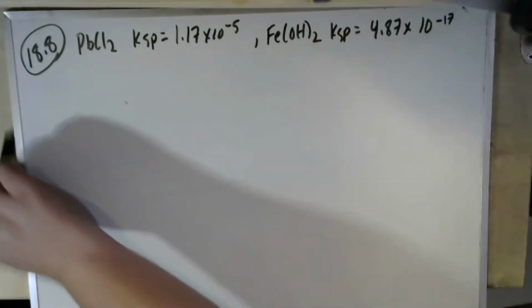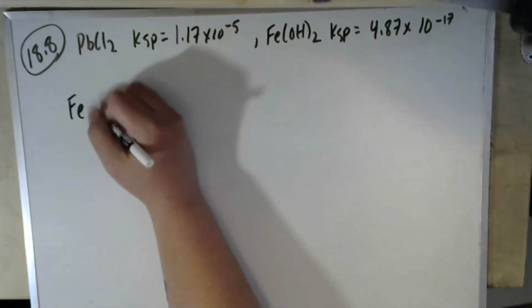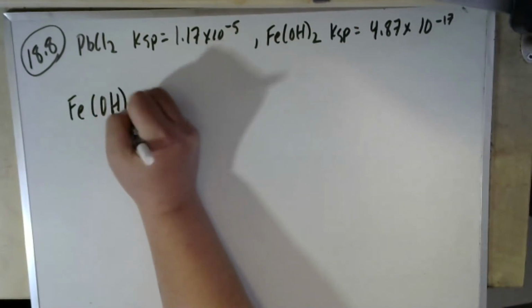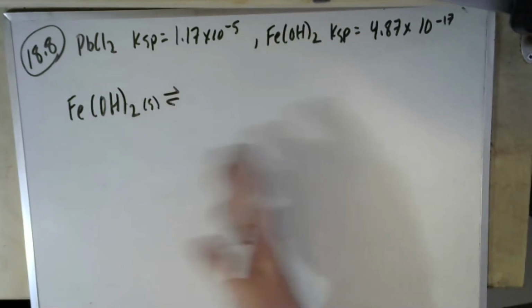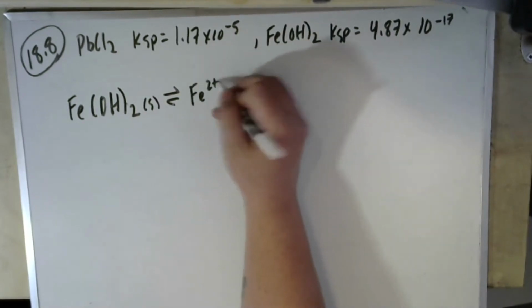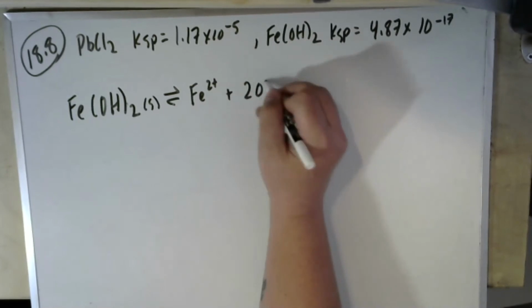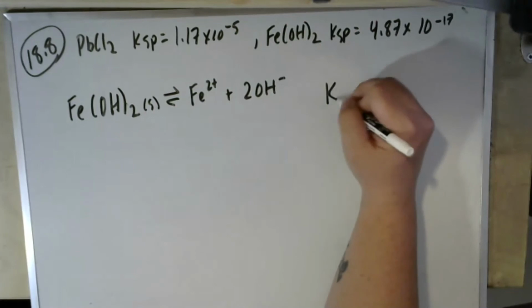And we'll do the same process. We're going to start by looking at the solid, and we're going to see how it dissolves in solution. Okay, and we can write our KSP expression from there.